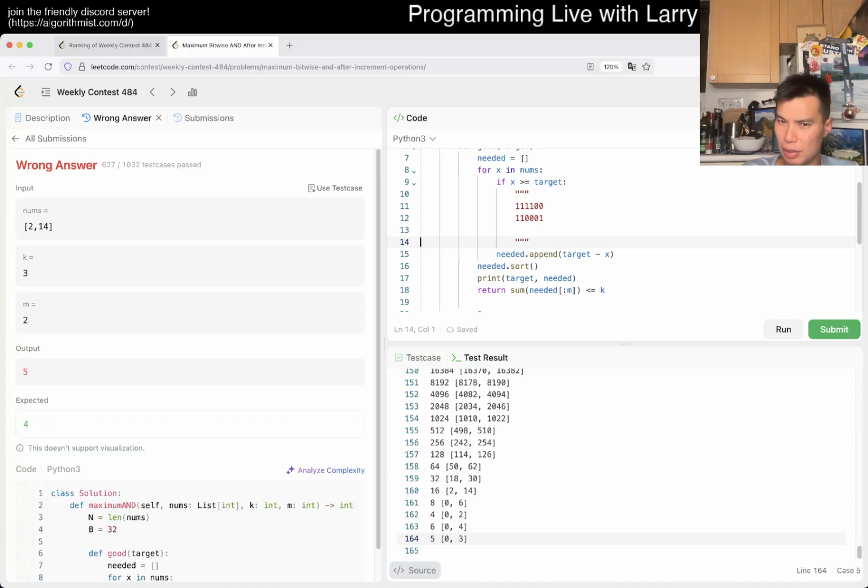No, not necessarily, because in a different case, maybe we have someone like this, and then the OR doesn't make sense because... Okay, so we have to do an if statement.